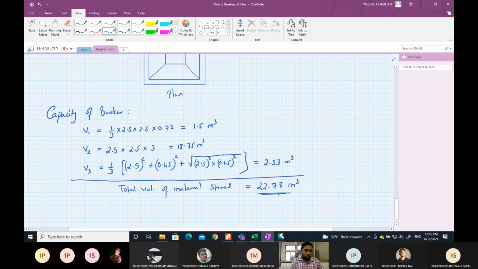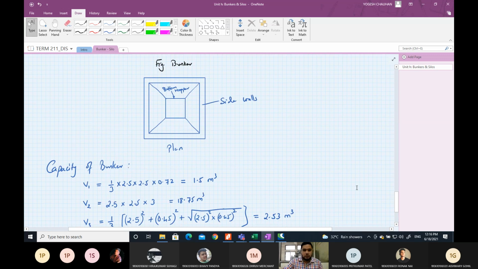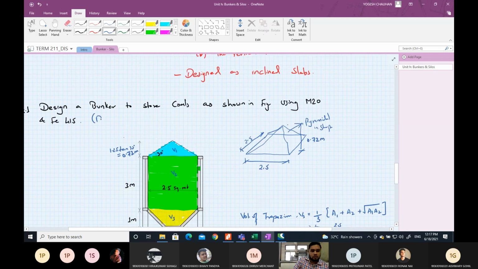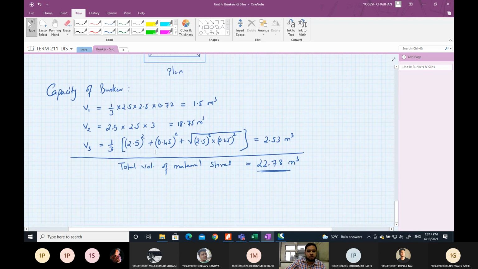Now the density of the coal, which might be given to you in the data: unit weight of coal is equal to 9 kilonewton per meter cube, or 9,000 Newton per meter cube. That might be given to you.